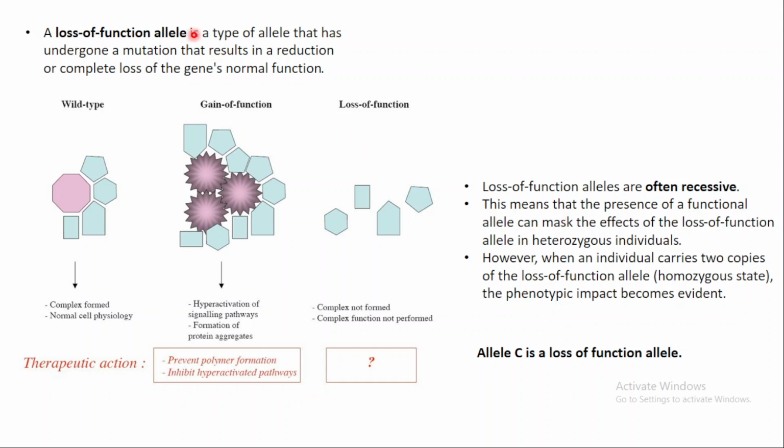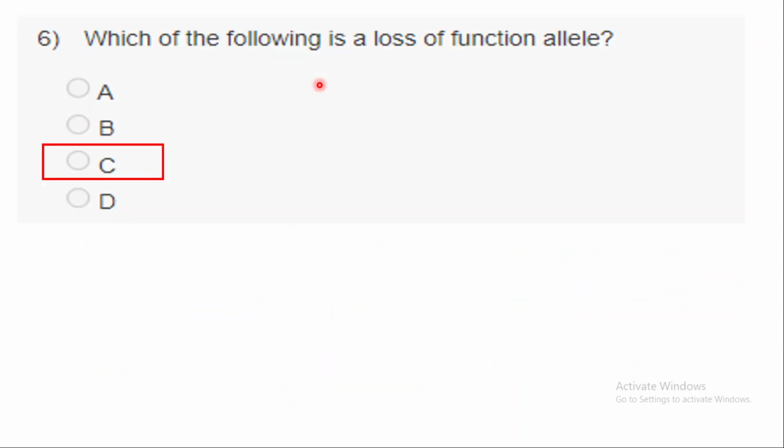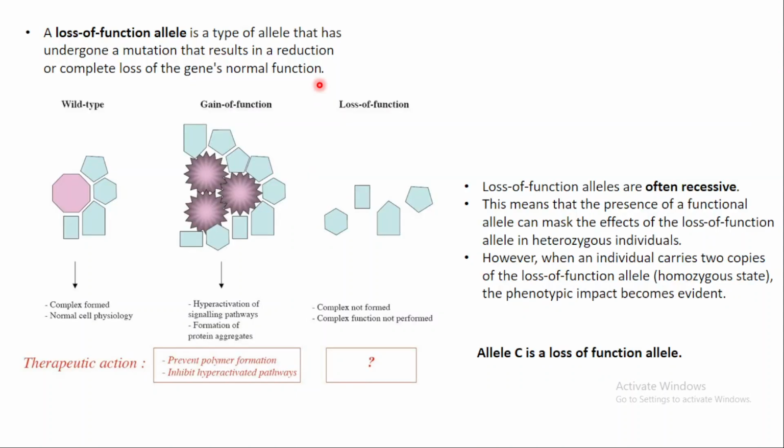A loss of function allele is a type of allele that has undergone a mutation that results in reduction or complete loss of the gene's normal function. So I think Ajay's answer is also correct, option A, but option A would be the dominant negative form of the allele. So that is also a way of creating a loss of function allele.